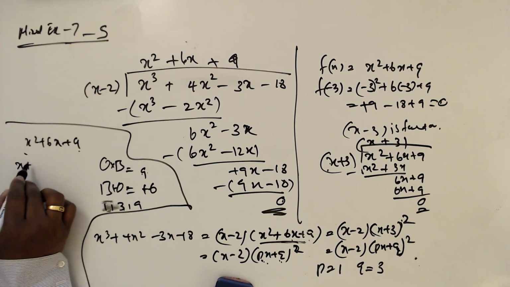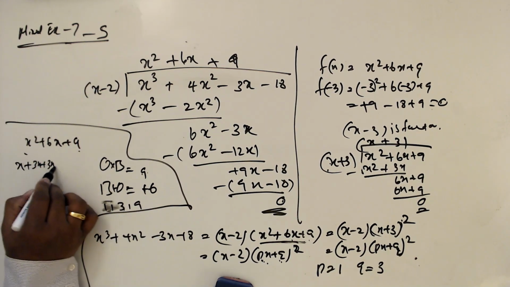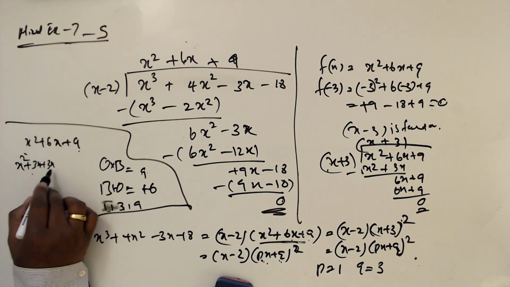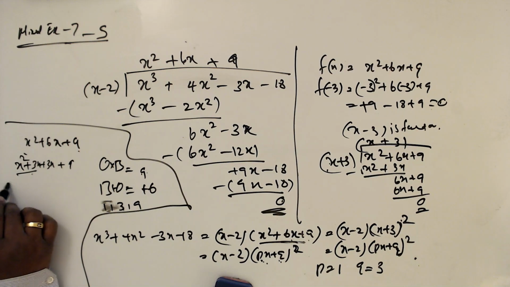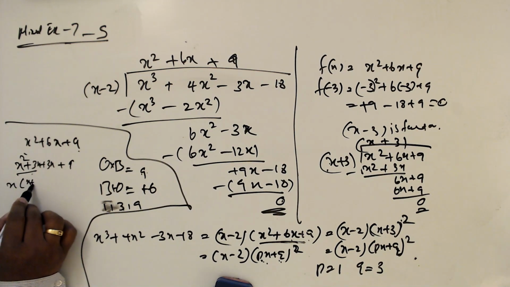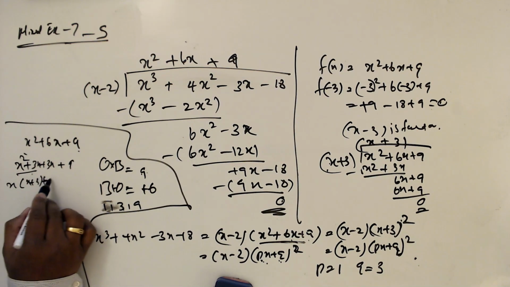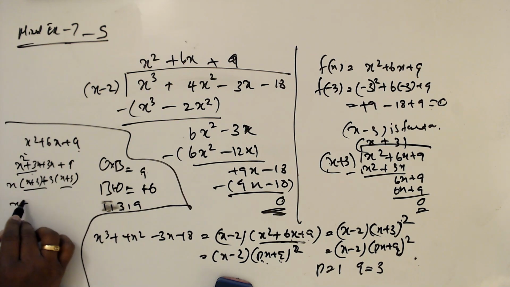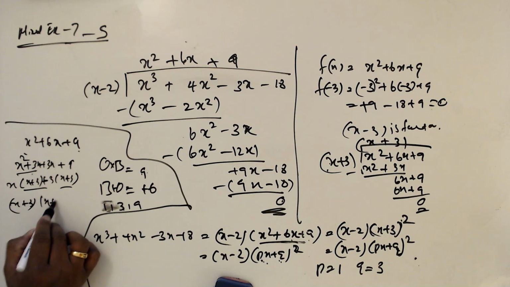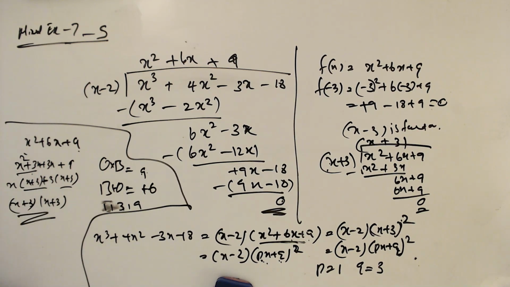So x square plus 3x plus 3x plus 9. When you take x common, this is going to be x plus 3, and this you take plus 3, this is going to be x plus 3. When you take x plus 3 from both sides, it's going to be x plus 3 squared. So you can work like this or you can work like this.